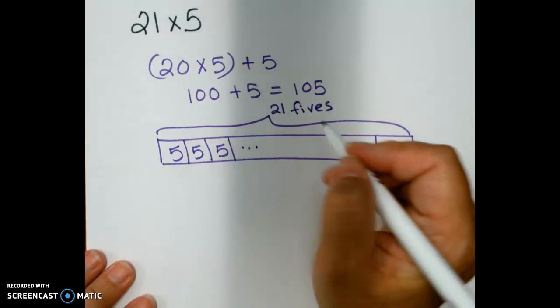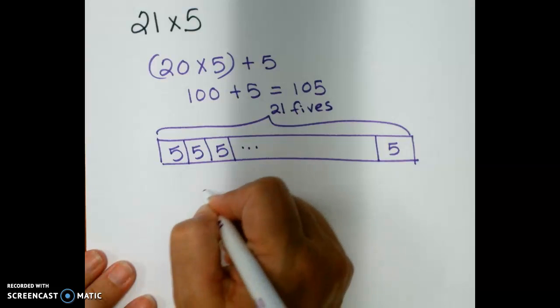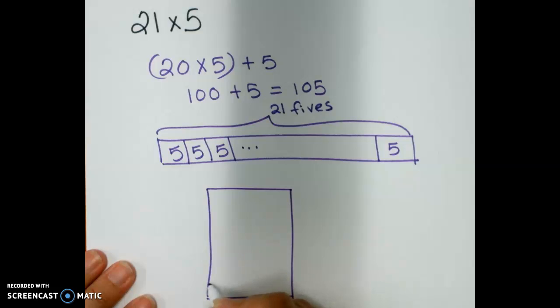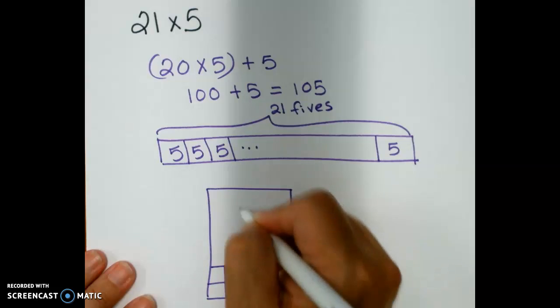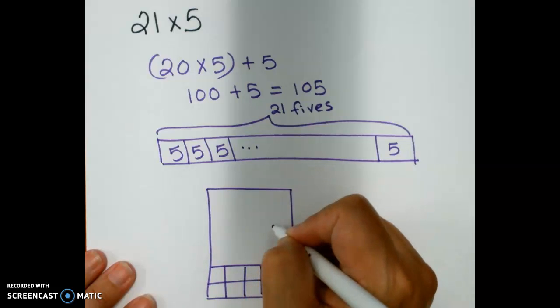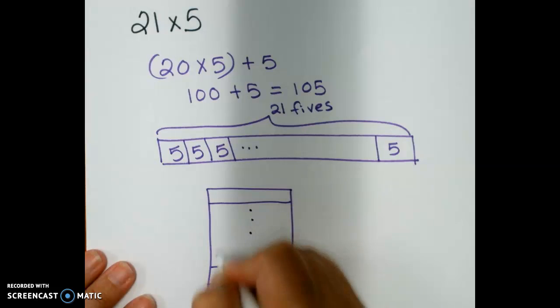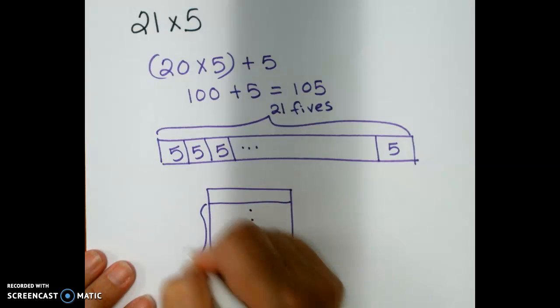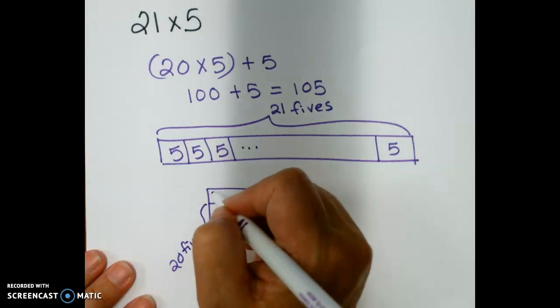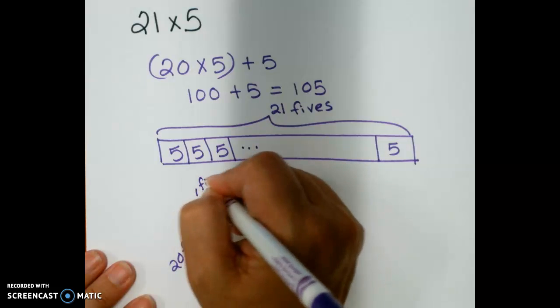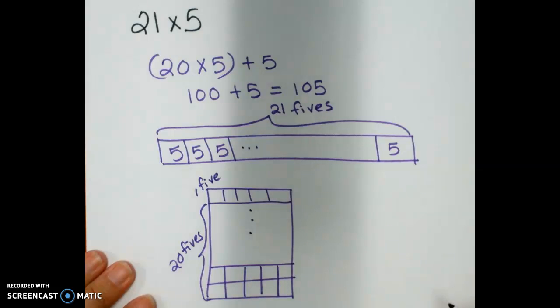I could draw a model this way with all these 5s stacked on top of each other, and this would be 20 5s and 1 5, and that would still give me my 21 5s.